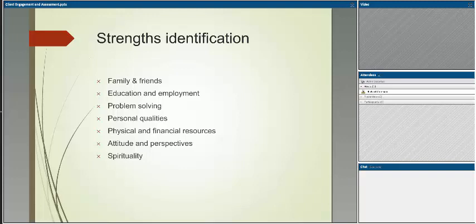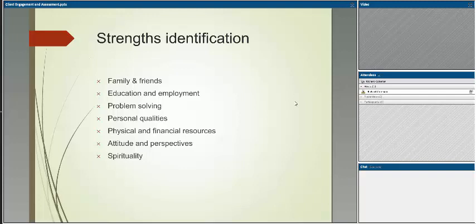Most folks who you work with, this will not be the first time that they've had a problem in their life. So do they have a history of being able to work through difficult situations? What kind of personal qualities do they have? Are they likable people? Do they have good personalities? Those kinds of things are also important things that you will need to look at in terms of strengths, and sometimes you actually even remind clients that you're working with that these are actual strengths.